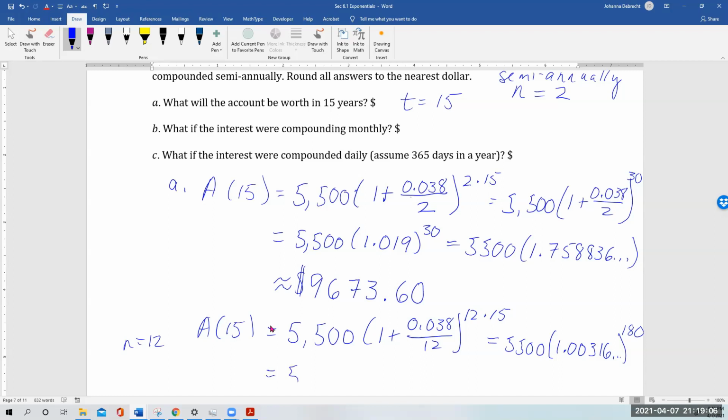This will give us 5,500, which has to be done last since it's multiplication, not in parentheses, being multiplied by the 1.00316 raised to the 180th power gives us about, oops, I forgot and erased the wrong thing, my bad.